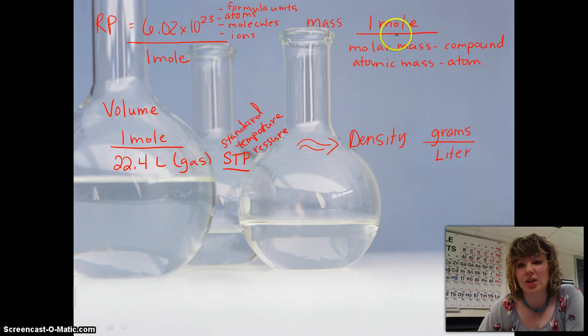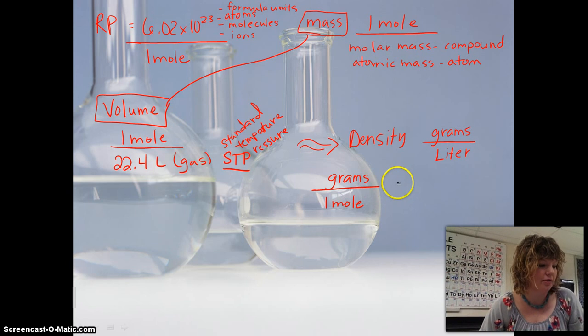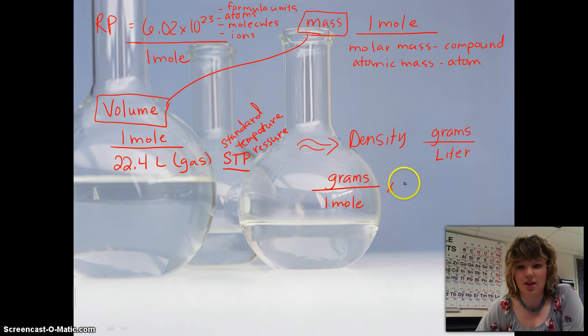So it would make sense that we could use this mass conversion and this volume conversion together and be able to do some pretty interesting calculations, because if it's grams per liter, if we have grams per 1 mole from this mass conversion right here, and we do a conversion factor from this, this would be our 1 mole per liter.